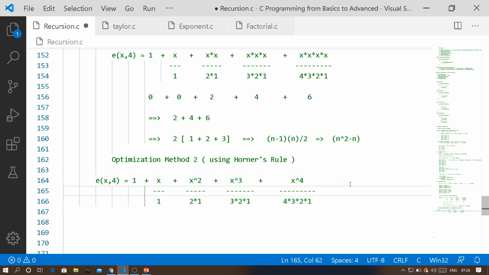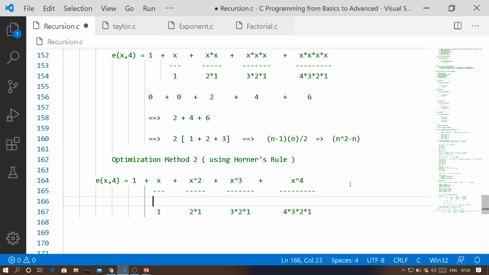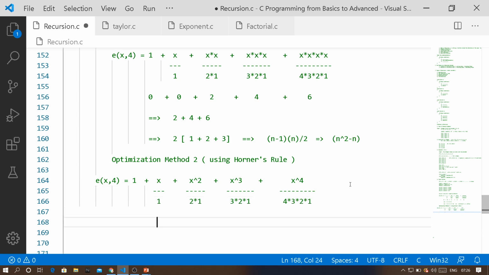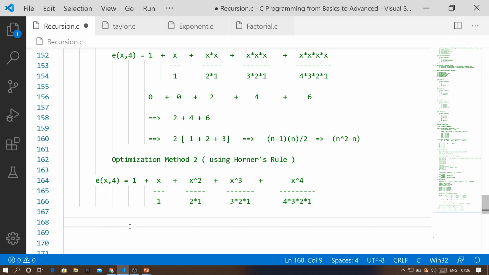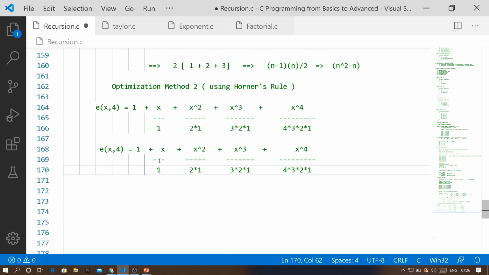Suppose we take x divided by 1 common outside, let us check what will happen. I'll take the existing equation again. If I take x divided by 1 common, then I'll create a bracket.